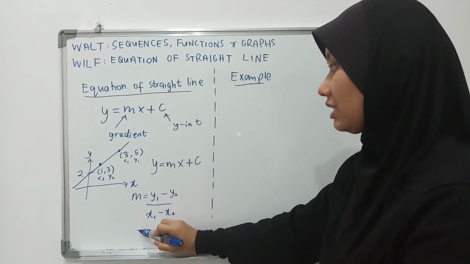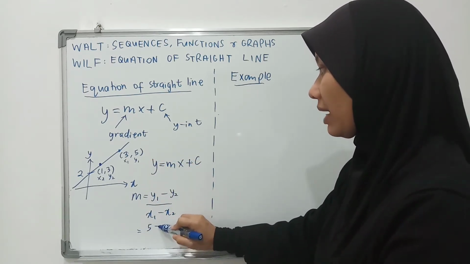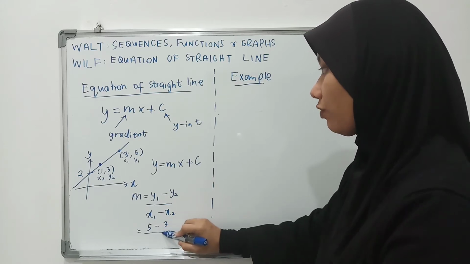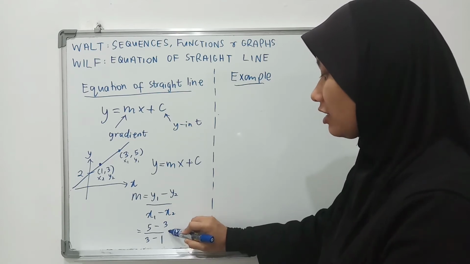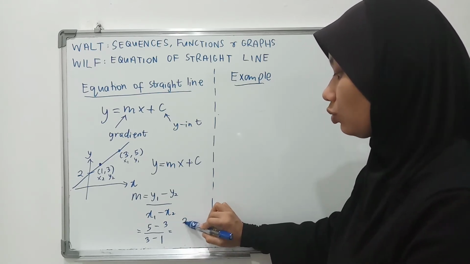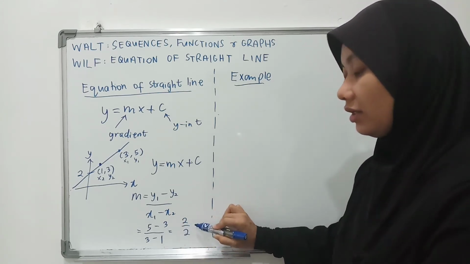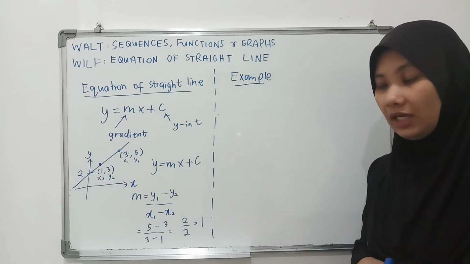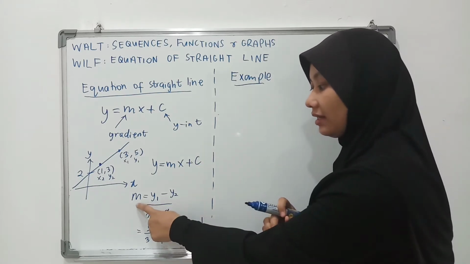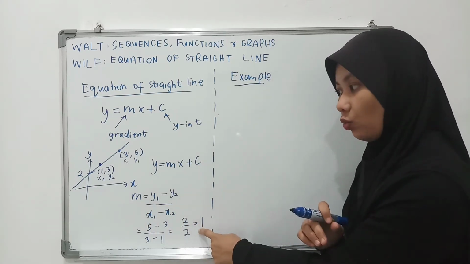That is just 5 minus 3 over 3 minus 1. So I will get 2 over 2. Simplify that, you will get 1. So now I know that my gradient is equal to 1.